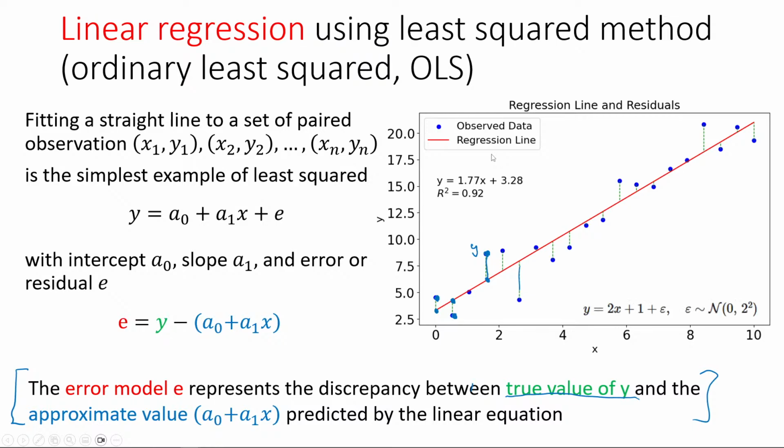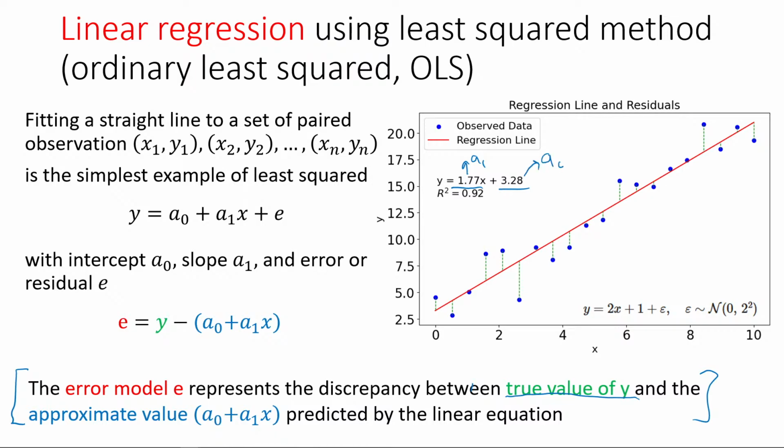Okay. Again, if you are wondering, the linear model, for example, that I fitted to this data has a slope of, this is an example, 1.7. That is my A1, and it has an intercept of 3.28.